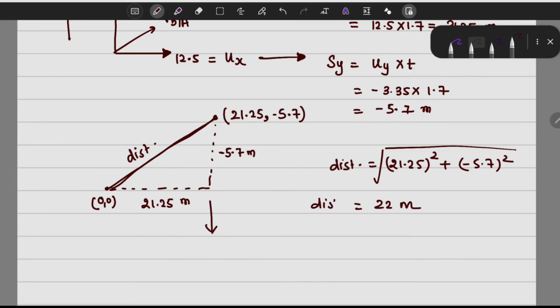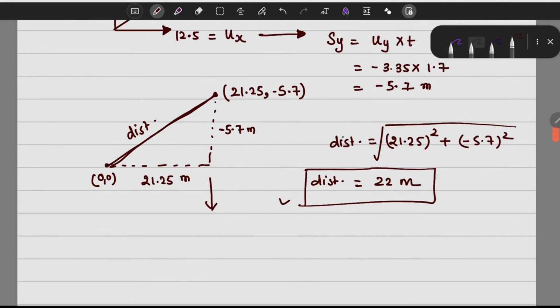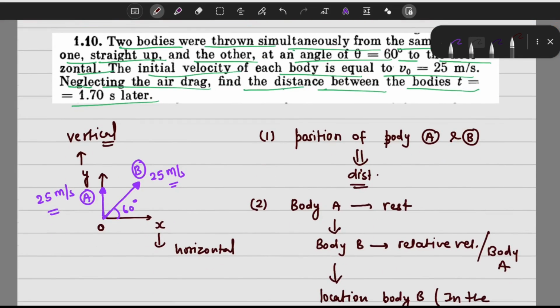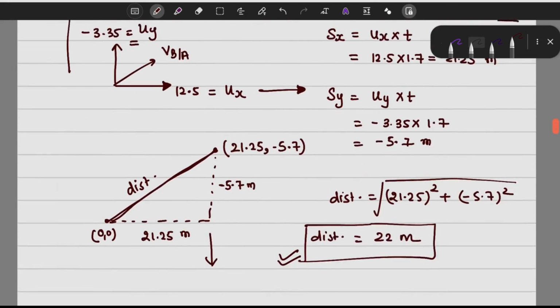So this is the distance between the origin and point B in the relative frame of reference, and this is the same distance we get between body A and body B in the ground frame of reference. So I think the entire concept is clear. Thank you.